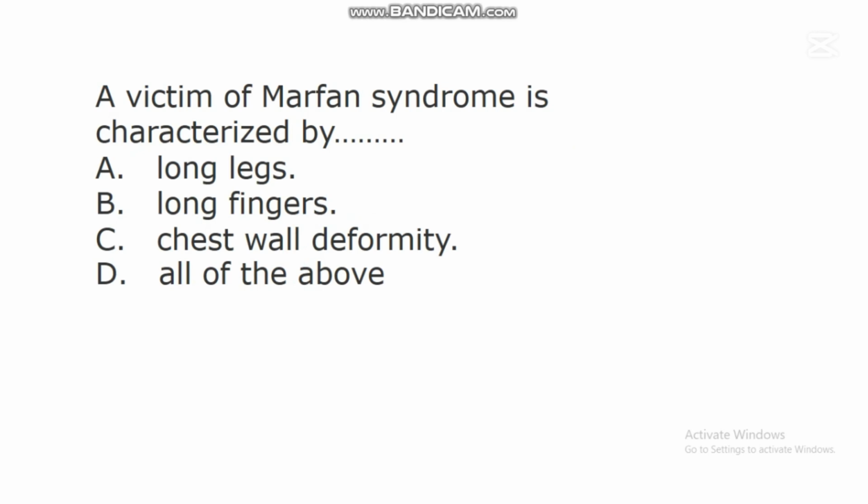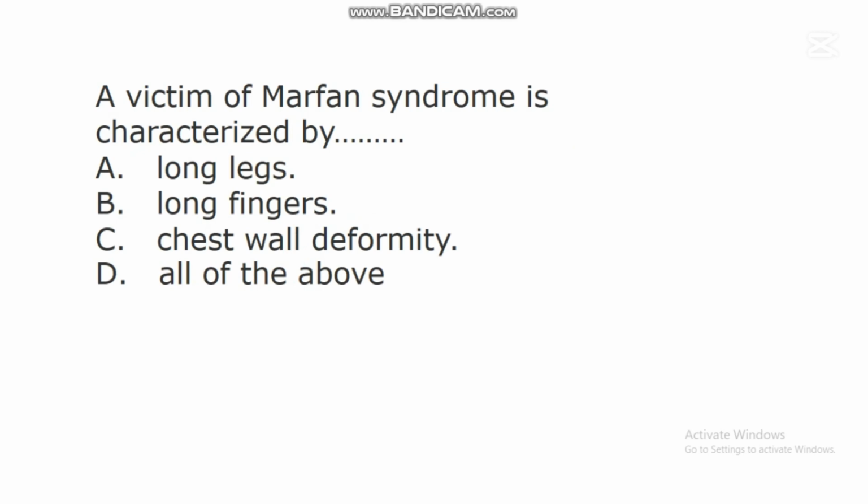The next question says, a victim of Marfan syndrome is characterized by dash. A. Long legs. B. Long fingers. C. Chest wall deformity. D. All of the above.